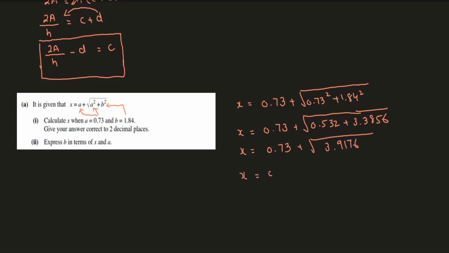Now if I take the square root of this, it would be 1.979. Now if I add 0.73, I would be left with 2.709. I have to give my answer up to 2 decimal places, so I am going to round it off to 2.71. So this is my answer for part 1.